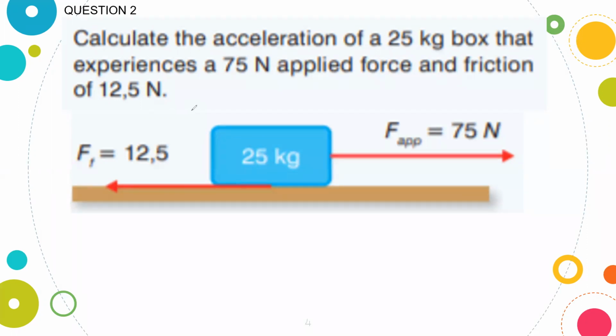First of all, please try. As you know, you are going to try first, and then you will see the answers. Calculate the acceleration. If you have a 25 kg box and your applied force is 75 and friction force is 12,5 newtons. Good luck. Please try.